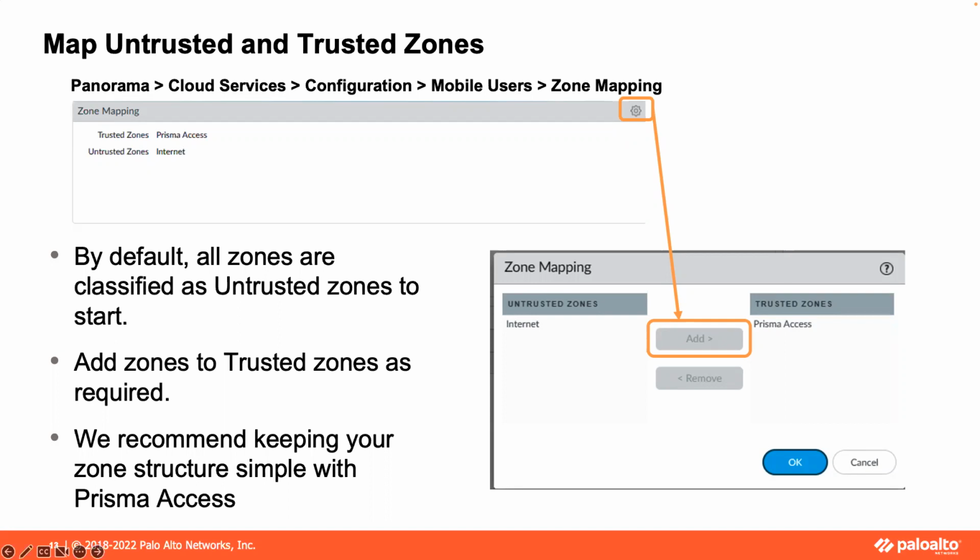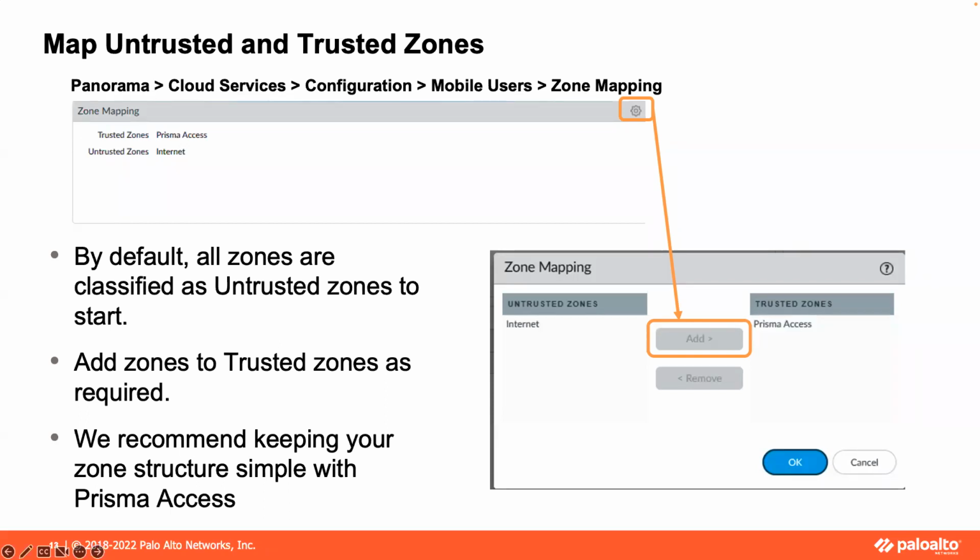If you're a customer that did not have Palo Alto Networks on-premise firewalls and does not have an existing set of security policy rules, or does not have them zoned, you can simplify this really easily by creating a zone name that represents the untrusted side and a zone name that represents the trusted side.